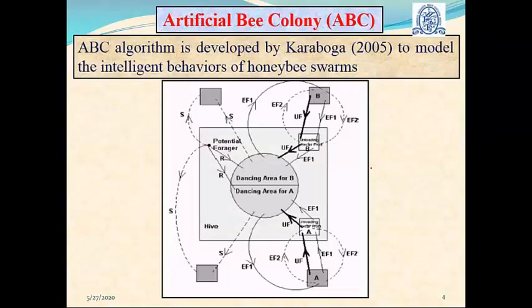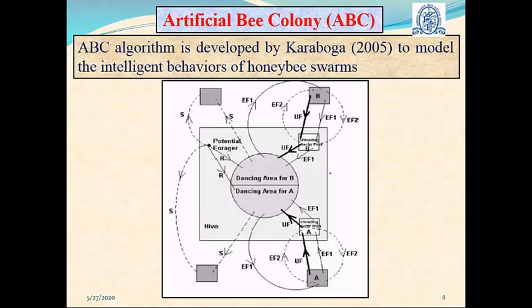Now coming to the artificial bee colony algorithm, this algorithm was developed by Karaboga in 2005 to model the intelligent behavior of honeybee swarms. We know that if you consider the honeybee ecosystem, then we find three kinds of bees: the onlooker bees, the employed bees, and the scout bees.